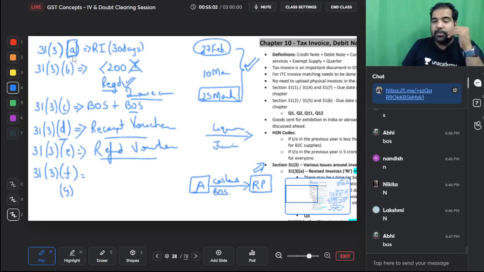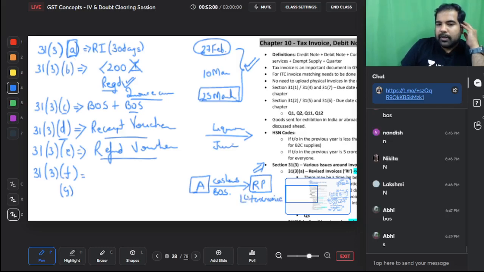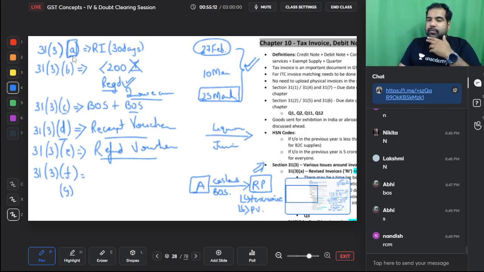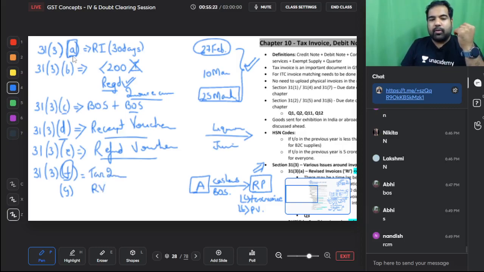So the registered person has to issue his own tax invoice, yes, because without that he cannot take credit. And he will also have to issue something called a payment voucher. How do I remember this? The recipient has to do full work. F is for full work. He has to issue a tax invoice and he has to issue a payment voucher as well. So this, guys, are special circumstances.